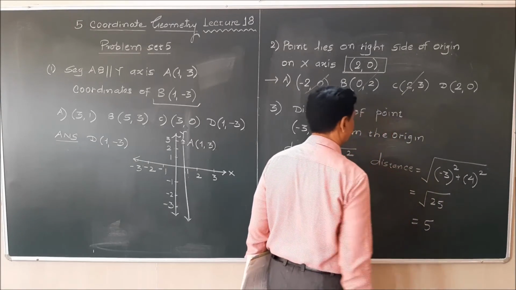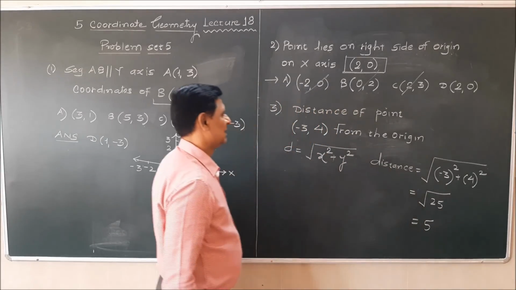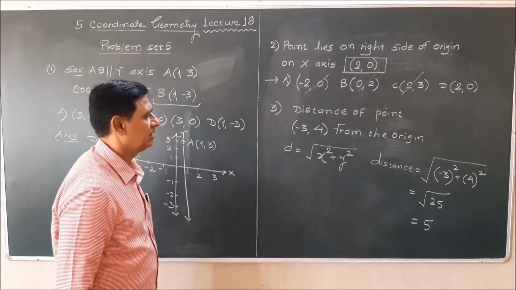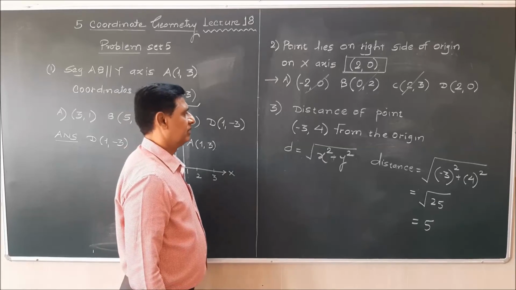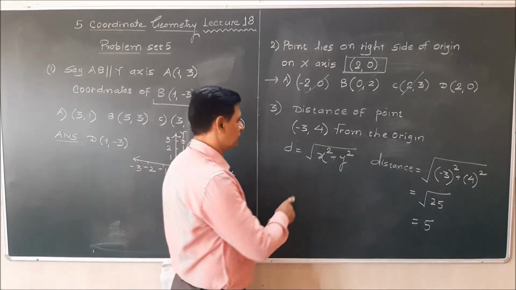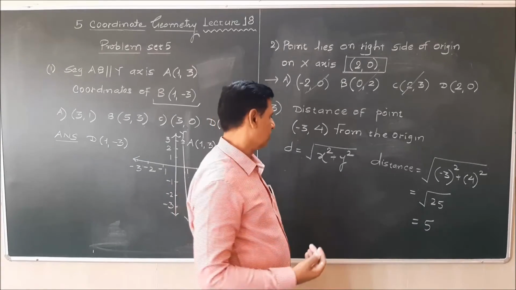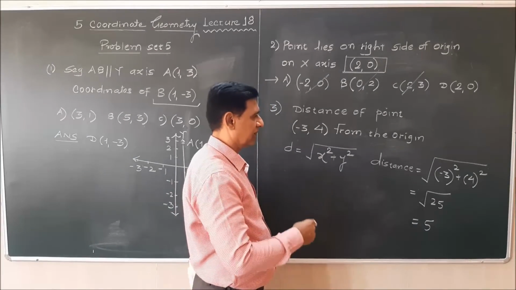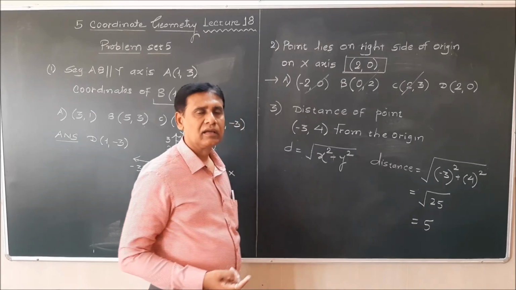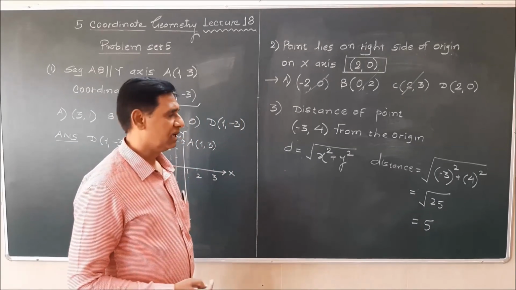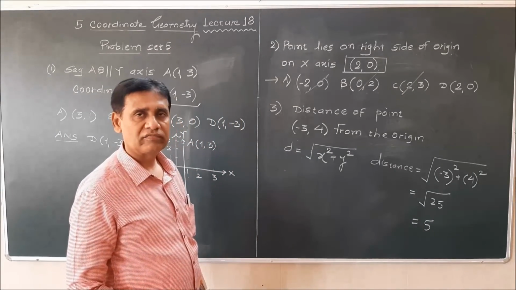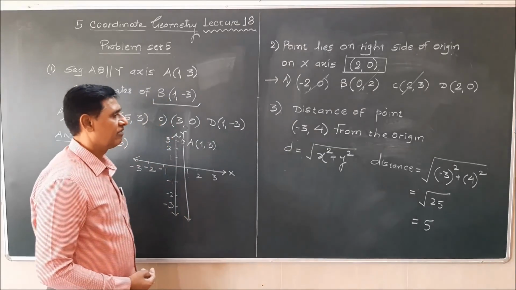Your answer is 5. The distance is always given by the formula from the origin, root of x squared plus y squared. So (-3) squared plus 4 squared, 9 plus 16 is 25, and the root of 25 is 5.